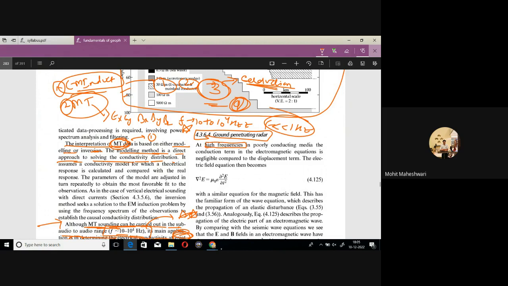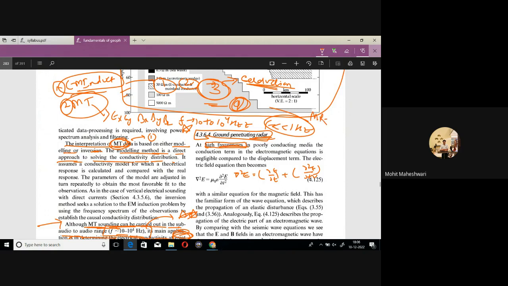Okay, so in that case, if we use the high frequency, we know the equation for the electric field, del square E, which has two terms, right? The first term is for del E by del t, and the second term is for del square E by del t square. So in the ground penetrating radar case, we will take the high frequencies. In that case we have defined a magnitude ratio.